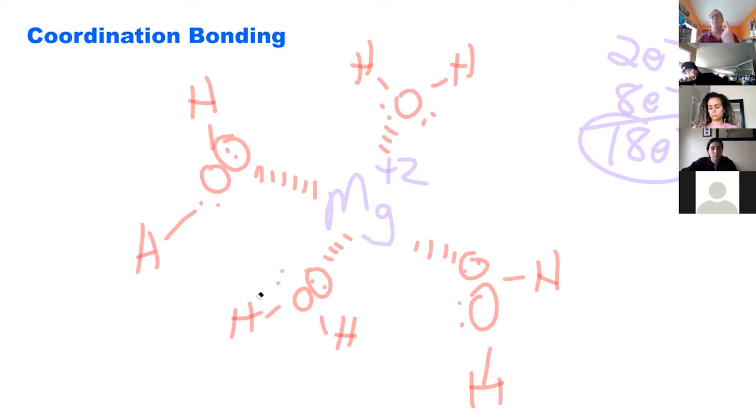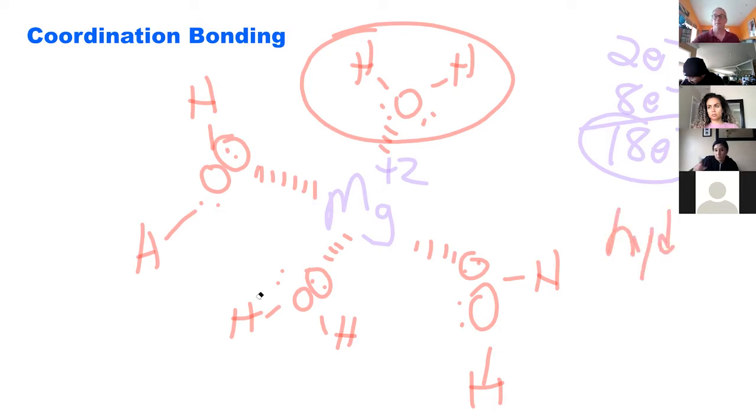In this instance, you have a lone pair of electrons being shared, and they're not shared entirely because the oxygen still keeps them, but the lone pair gets close enough to the magnesium to sort of be part of its outer shell of electrons. And so we call that a coordinate bond. And just by heating the water, by taking this water now is in the solid state, right? The hydrate is a solid.